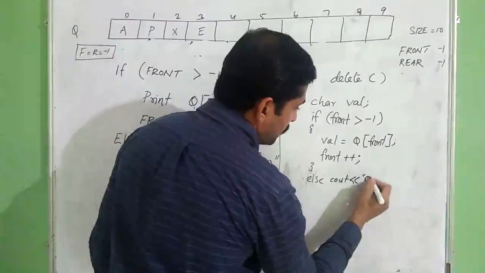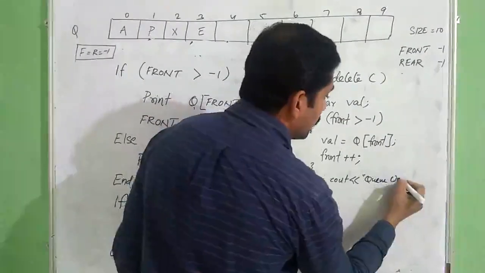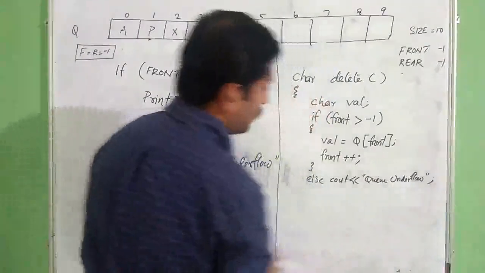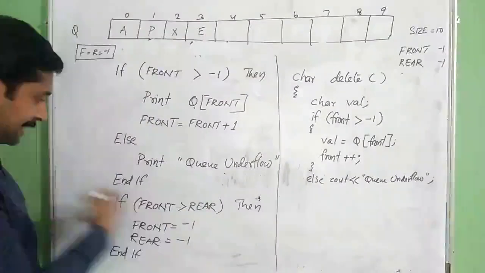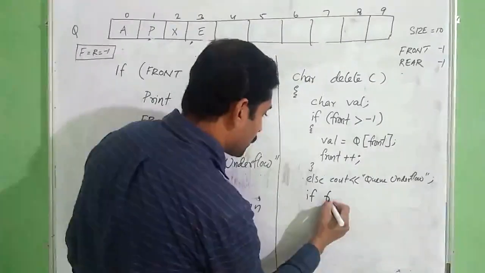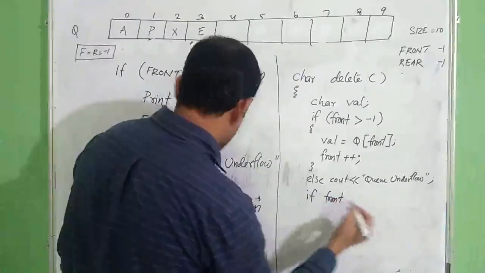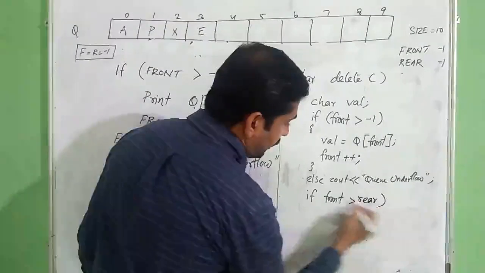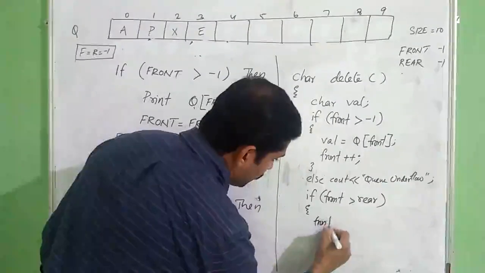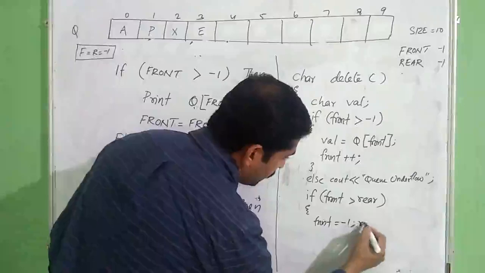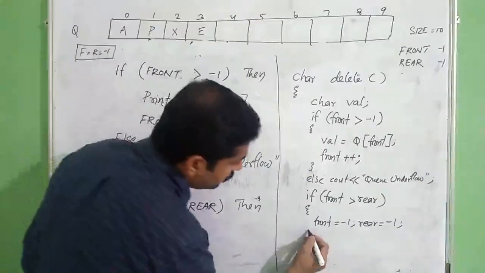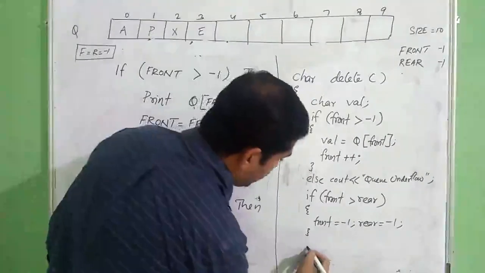If this is not the condition, else cout q underflow. There is no item to return, q underflow. Now we have to reset this. If front greater than rear, then front equal to -1, rear equal to -1, and finally we have to return that value.